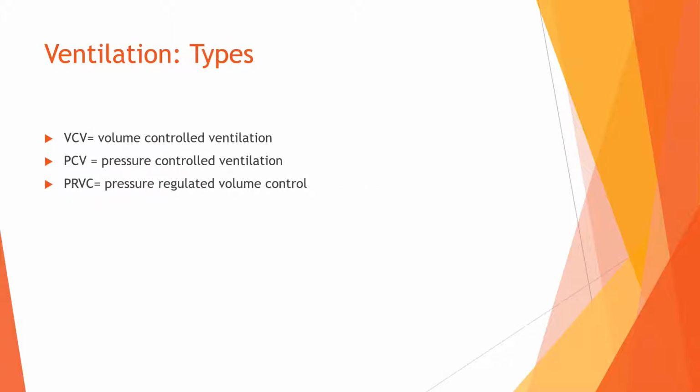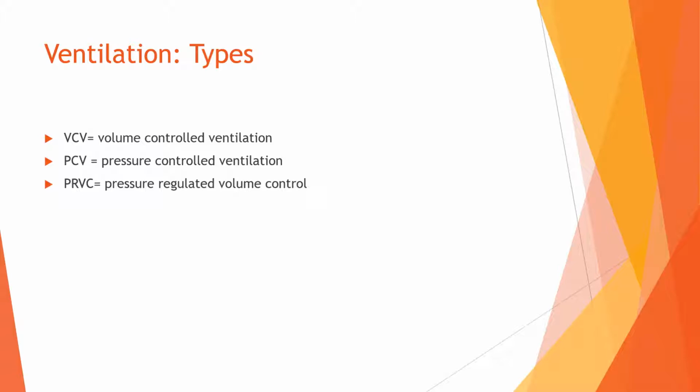So as far as ventilation types go, you can do volume control, pressure control, or PRVC, which is pressure regulated volume control. PRVC is a little different in that the ventilator or the patient can initiate the breath, at a constant pressure like that of pressure-controlled ventilation that is applied through both mechanical and patient breaths.